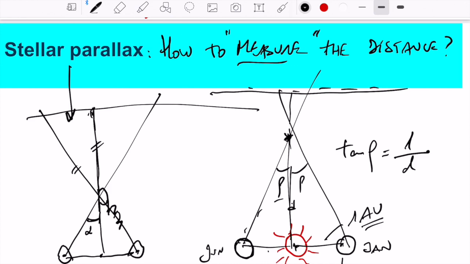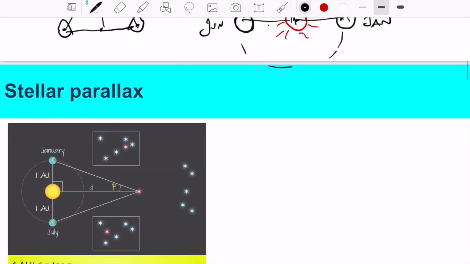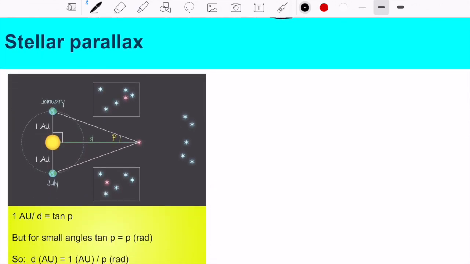The adjacent is the distance, right? So we could do this very easily, and that is called stellar parallax, right? So this is a diagram that explains what I've just been trying to say. So this angle here and this distance here, right?